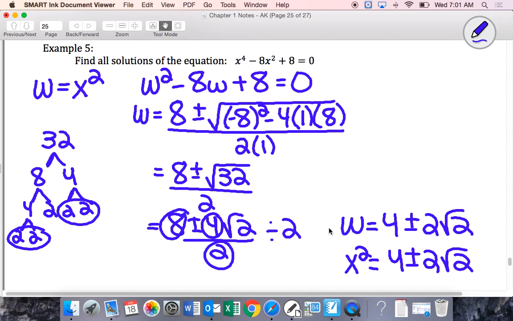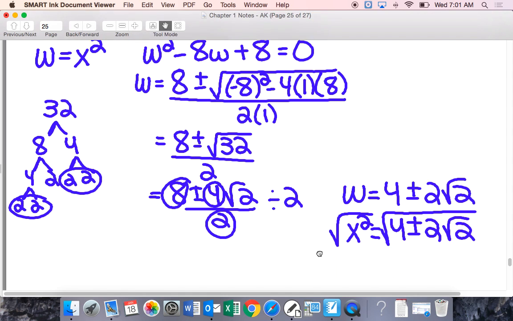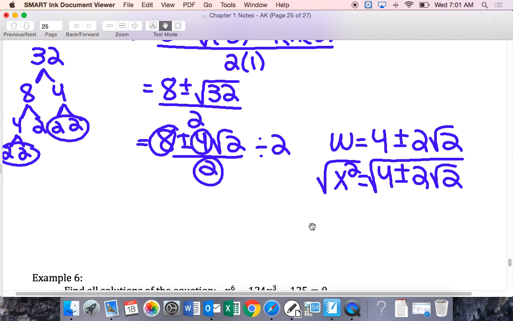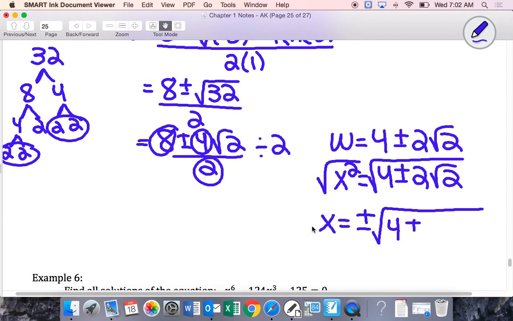Now we need to get x by itself, so we're going to take the square root of both sides. When I take the square root of both sides, remember what I've said, square root means you're going to have 2 answers. So my final answer is going to be x equals plus or minus the big square root of 4 plus or minus 2 radical 2.